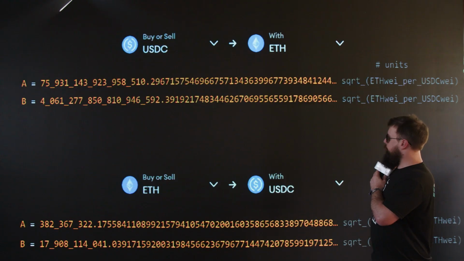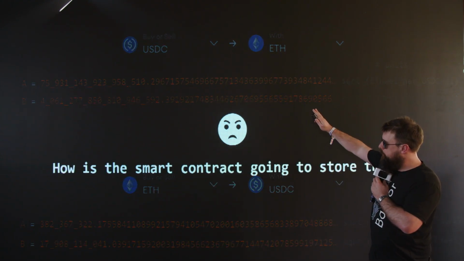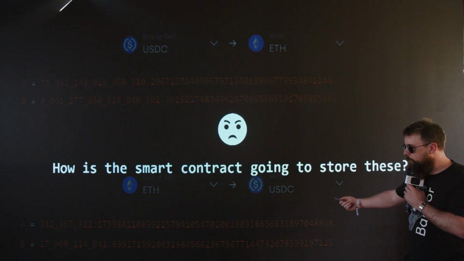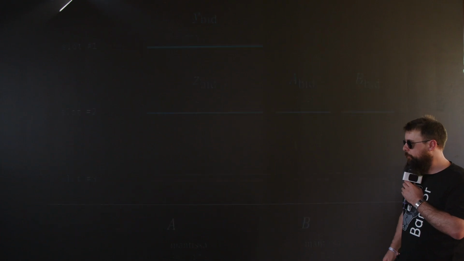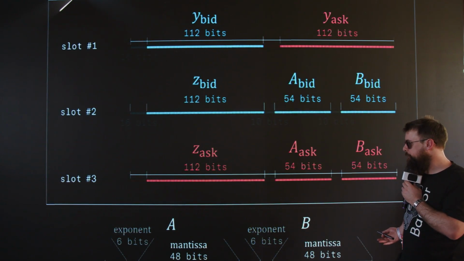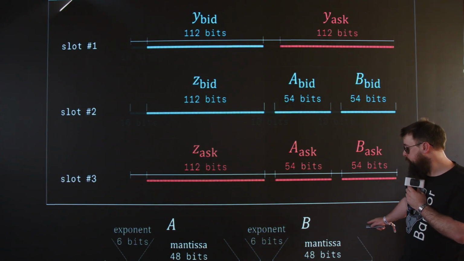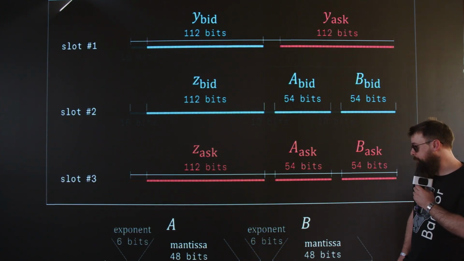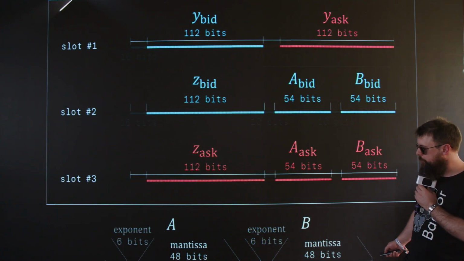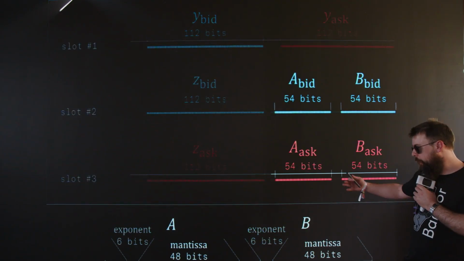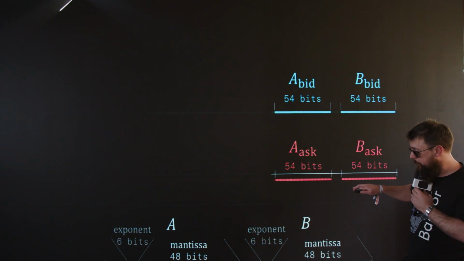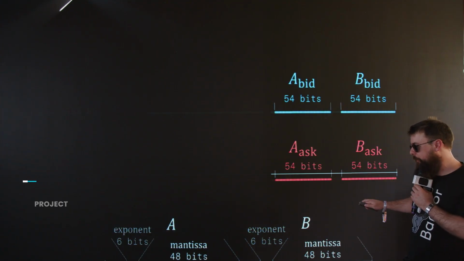Okay, so after we've scaled up these numbers, we now need to think about how we're going to store these in the smart contract, because this is a lot of information that we're going to have to employ in a system that's not built to store a huge amount of information, really. And so I'm going to bring your attention back to this exponent and mantissa notation that I introduced before, and really elaborate on exactly what's happening here, because this is where most of the rounding error occurs.